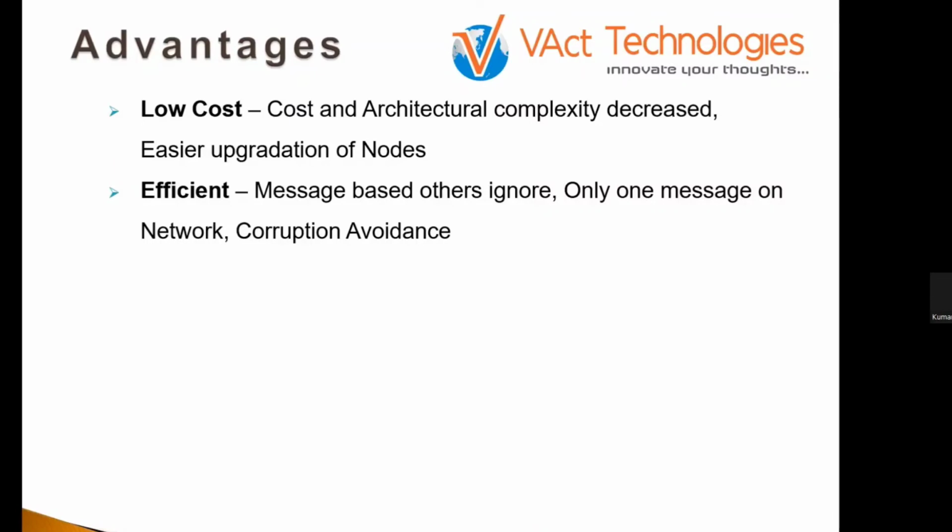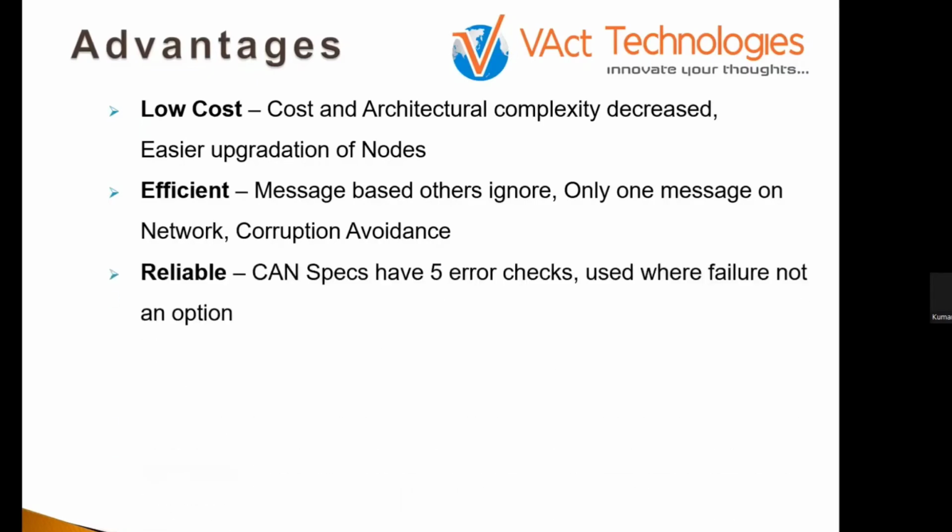There is only one message on the network, and corruption avoidance uses CSMA/CD technology. It's half duplex, as I told you. That's what it means: only one CAN node gets the CAN bus. So it's very efficient.